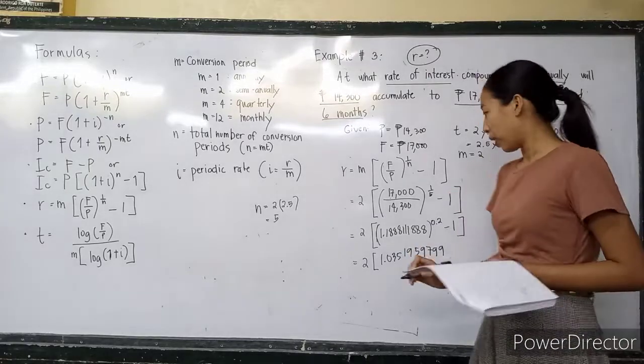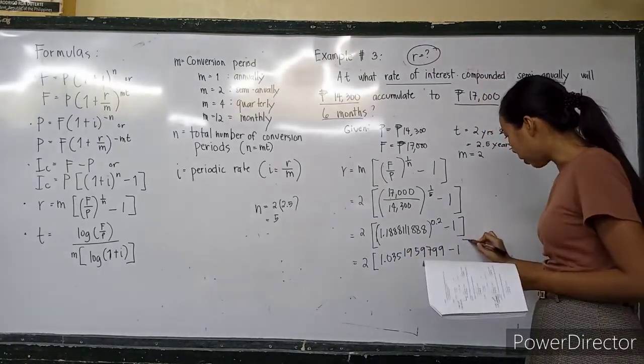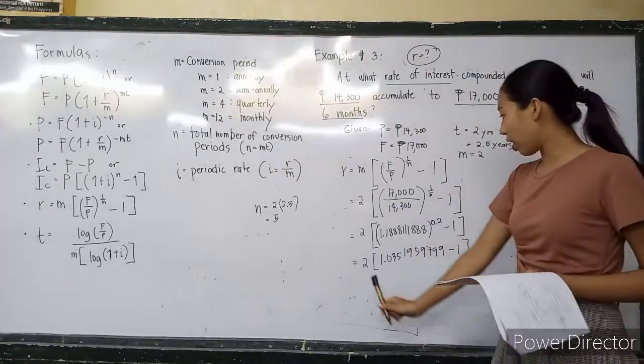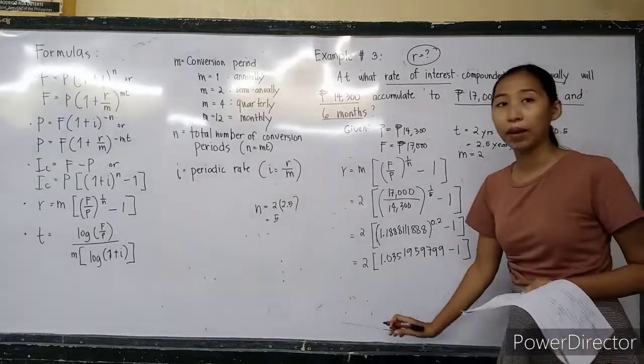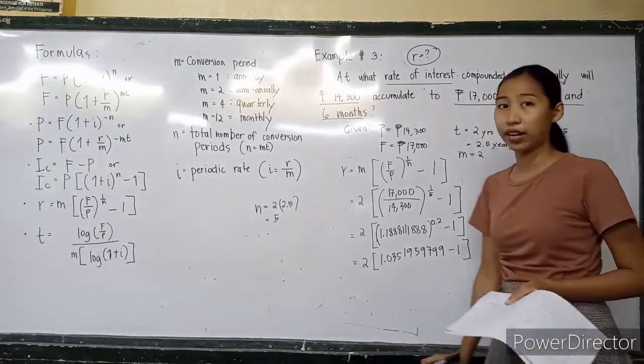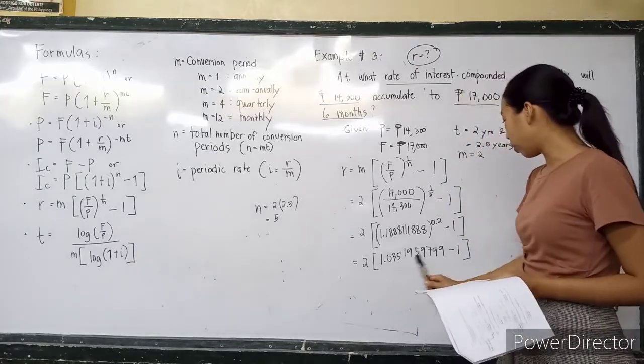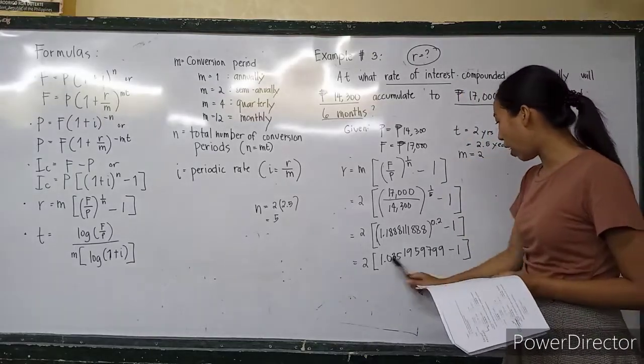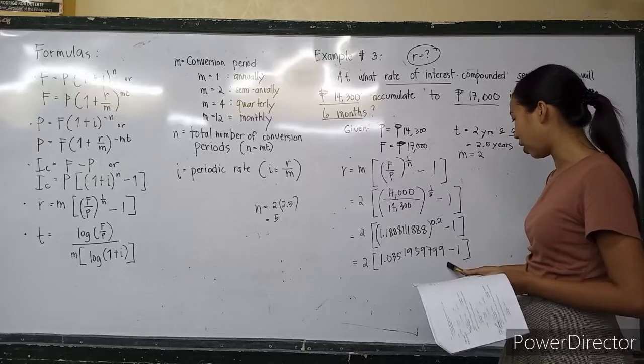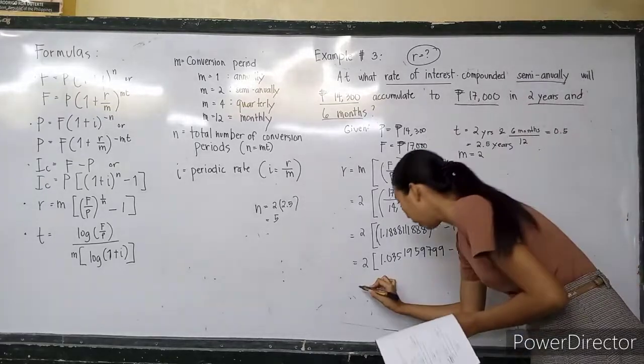Pagkahuman, i-minus nato sa 1. Karon ayaw sa siya i-multiply tanan ha, kay malibog ang calculator ana kung dili gud advance ang calculator. So matong buhaton una is i-minus nato ni sila duha. So 1 minus 1. So dali lang na siya.